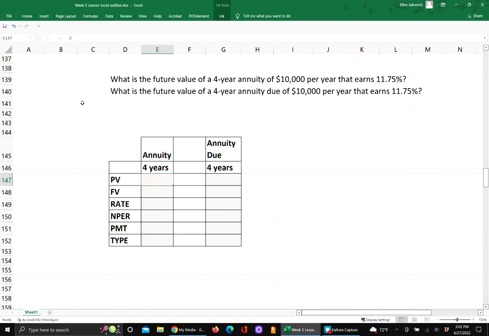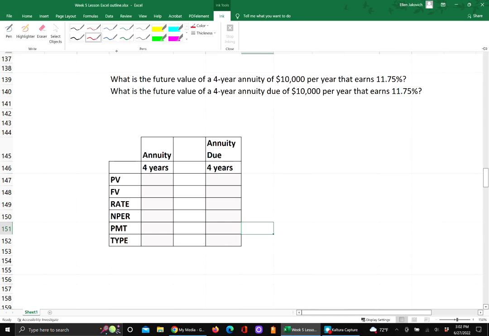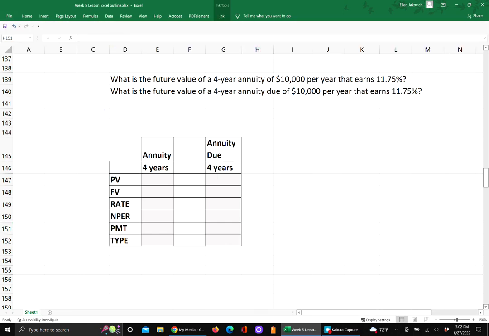Well, we're going to use this first column and just solve for it. So what is the present value of a 4-year annuity? Right now, we don't have a present value. We have nothing. We just have $10,000 a year. It looks like, let me draw it. One, two, three, 4.